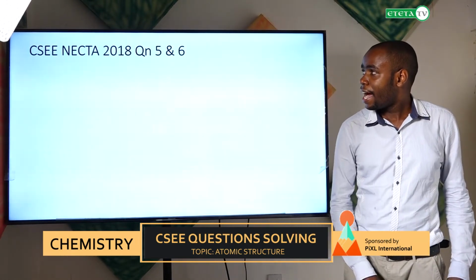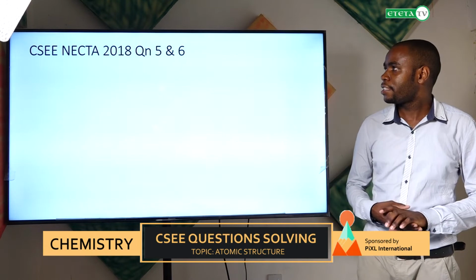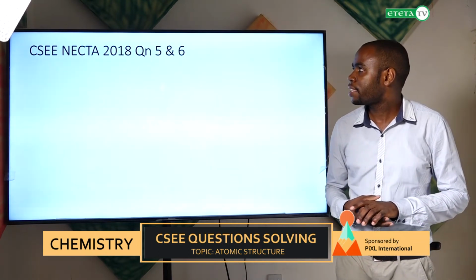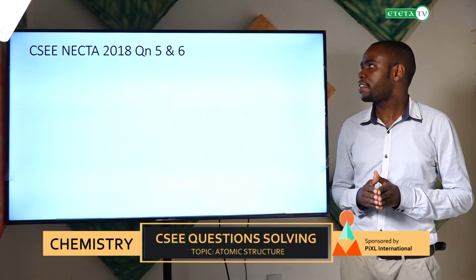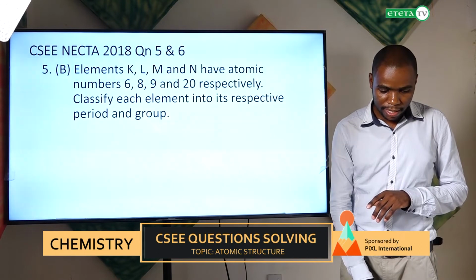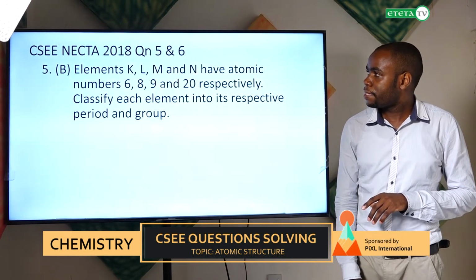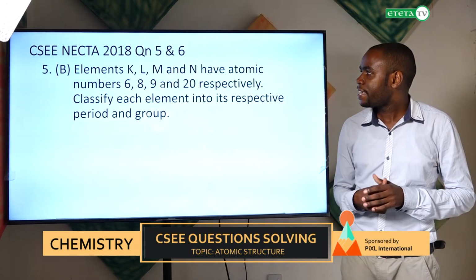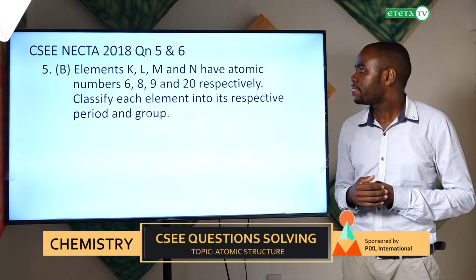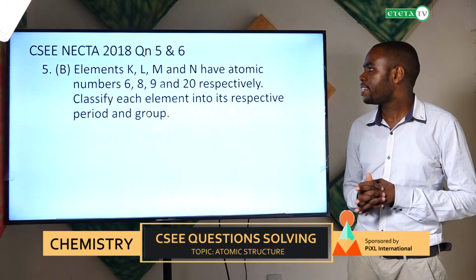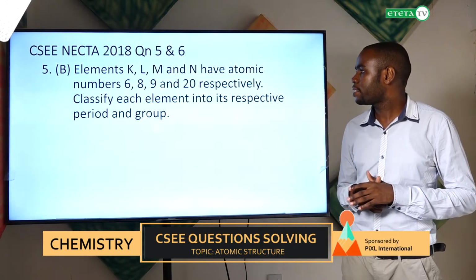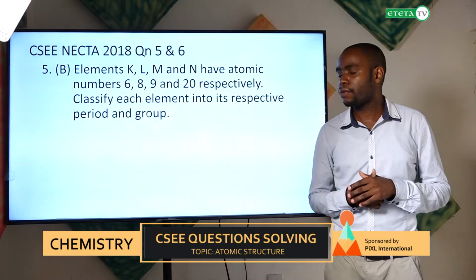Okay. Another question is from the past paper of CSEE NECTA 2018, question number 5 and question number 6. Question 5b says elements K, L, M and N have atomic numbers 6, 8, 9 and 20 respectively. Classify each element into its respective period and group.